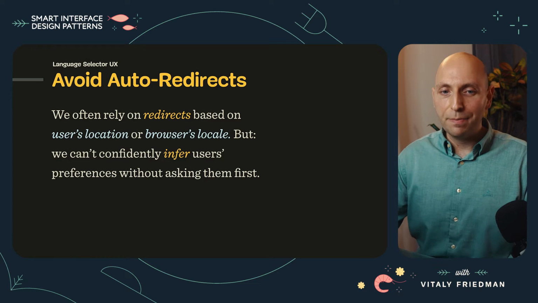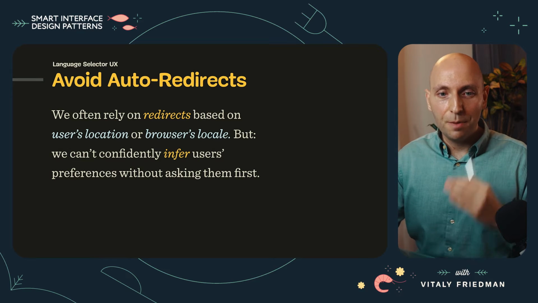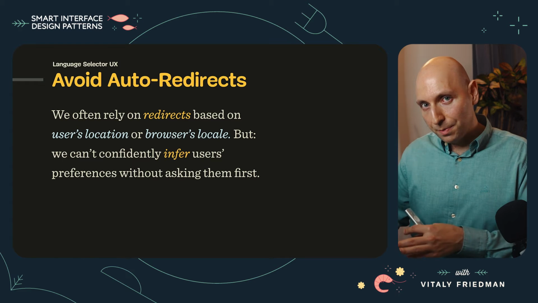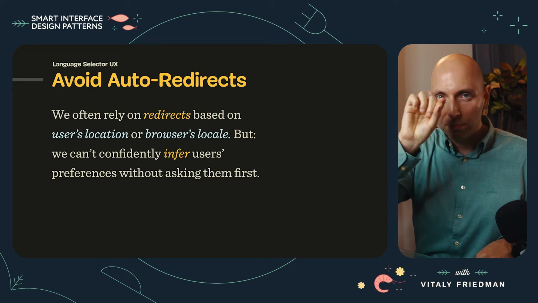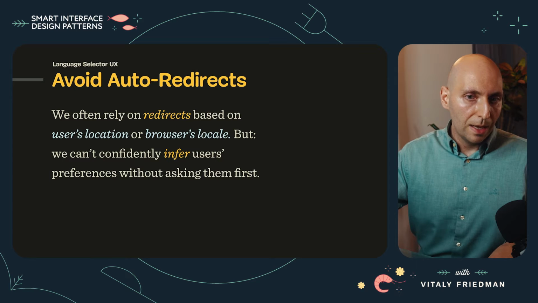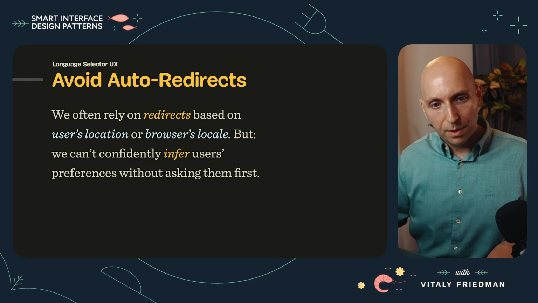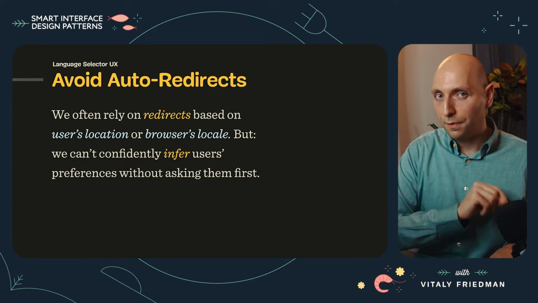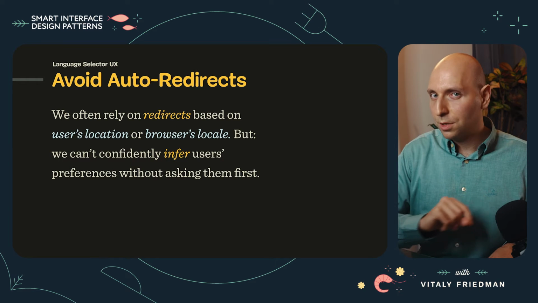For example, if a user happens to be connecting to an American website from Germany, we can nudge them towards the German website, maybe showing a little pop-up, or just a message at the top. But if they connect to a German website with the American or US English locale preferred in the browser, we probably shouldn't.